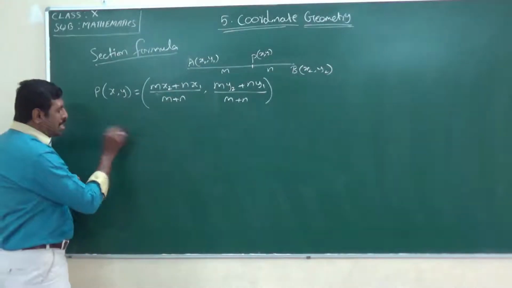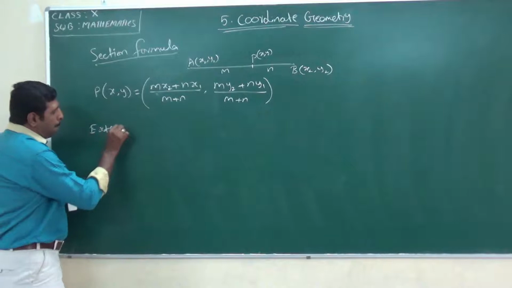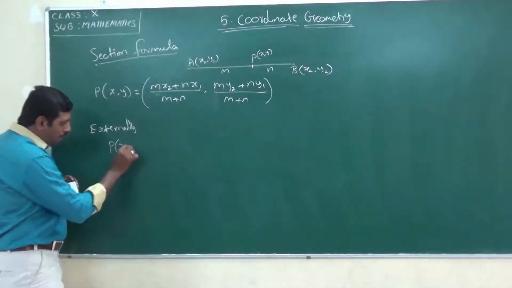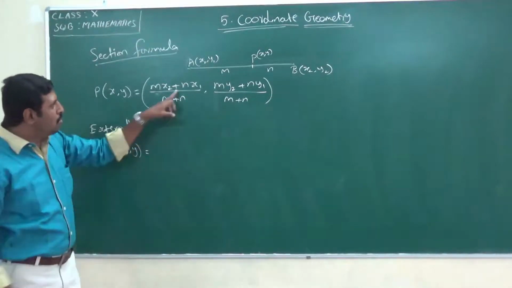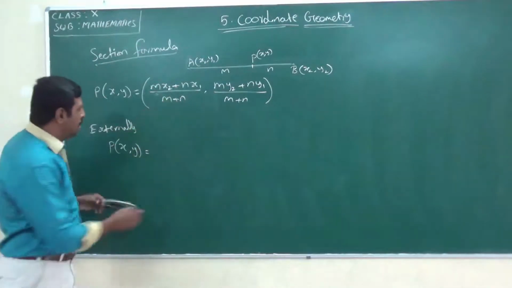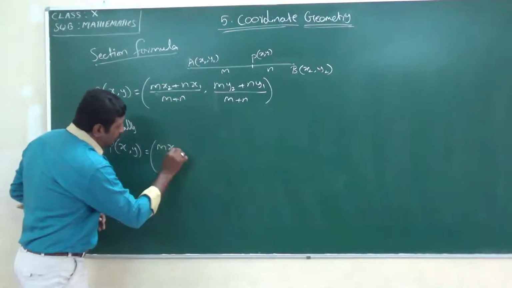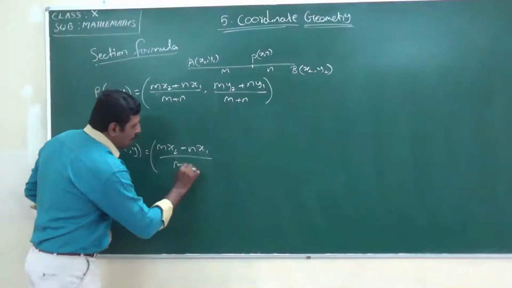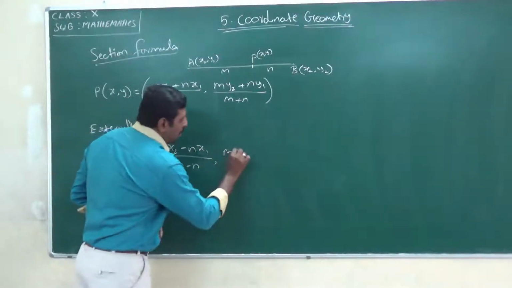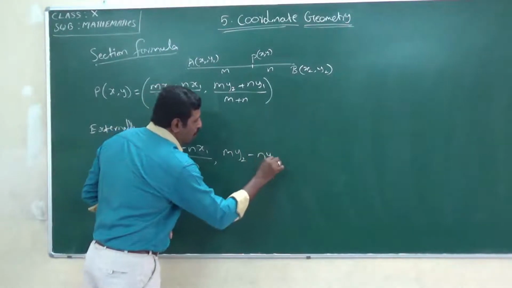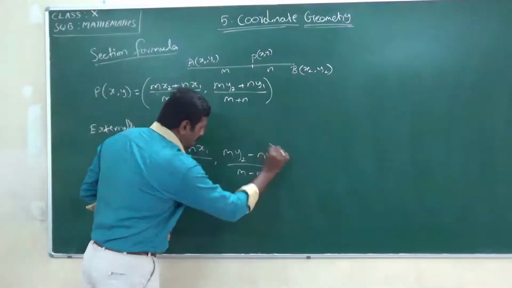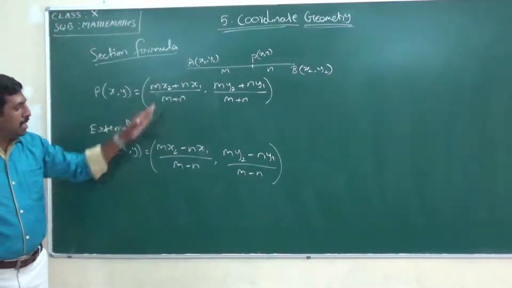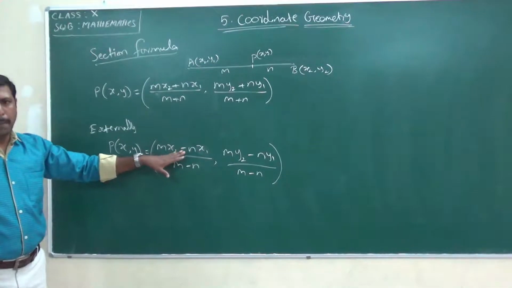Suppose it is external, then instead of plus we have minus: P of x comma y is equal to (m x2 minus n x1) divided by (m minus n) comma (m y2 minus n y1) divided by (m minus n). If the point divides internally in the ratio, we use the plus; externally in the ratio, we use the minus symbol.